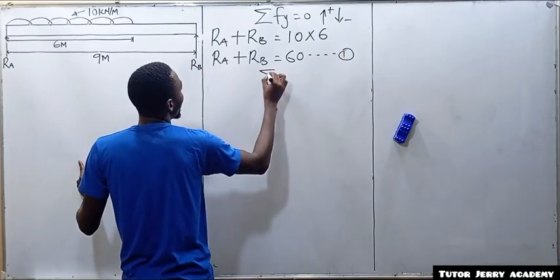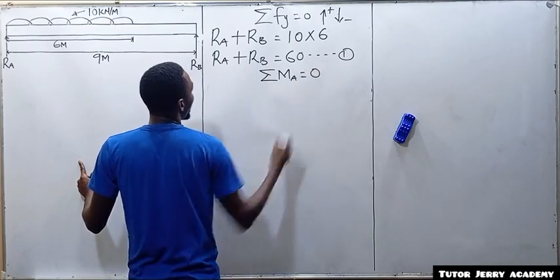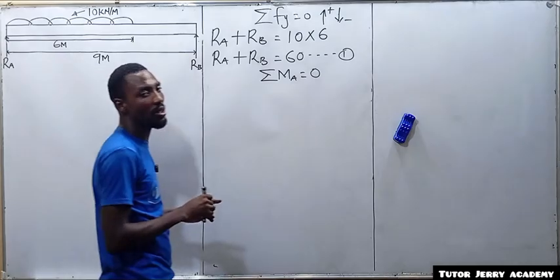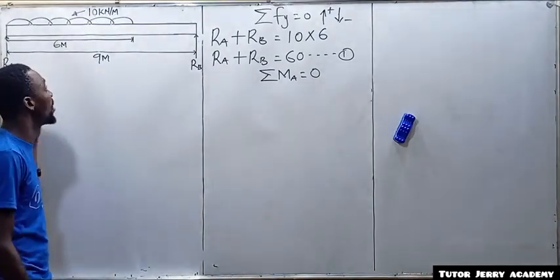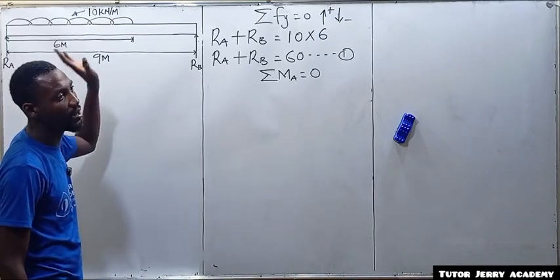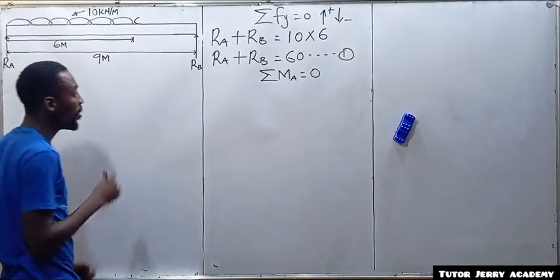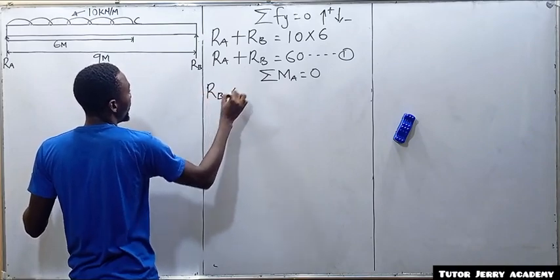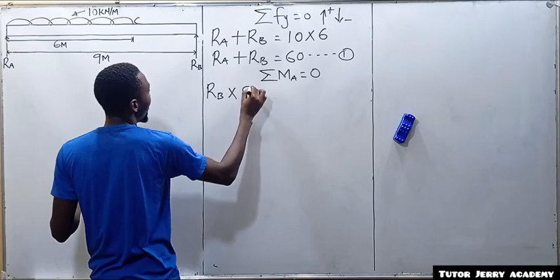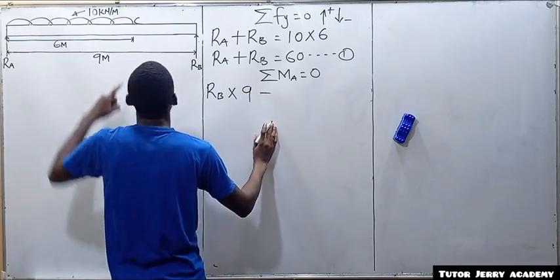Then the next thing is to take the summation of moment about point A to be equal to 0. Mind you, you can take the summation of moment about any point, either about point A or about point B or anyhow you want it. Is that clear? So let's call this point, point C. So this is going to be reaction at B multiplied by total distance, which is 9, minus, we're having a uniformly distributed load.